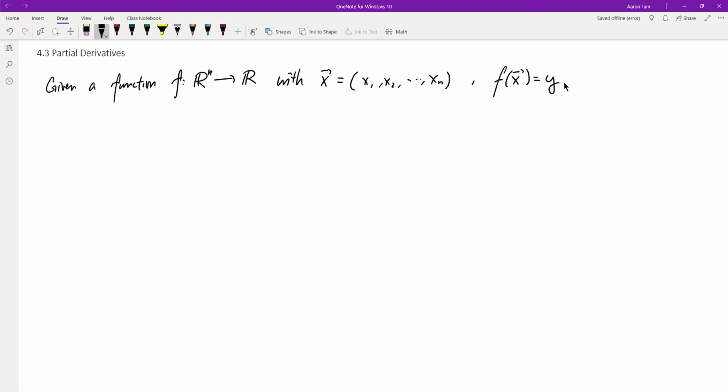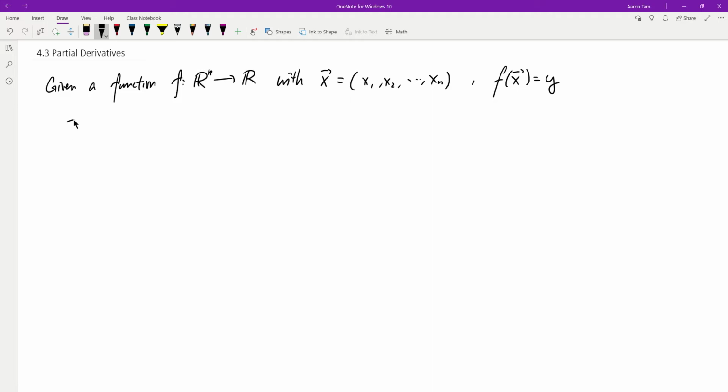Now, it's important to understand that it's called a partial derivative because it is not a derivative. The term partial indicates that it's only part of something. Therefore, we're not defining a derivative of this function f, but rather something that's part of the derivative of function f.